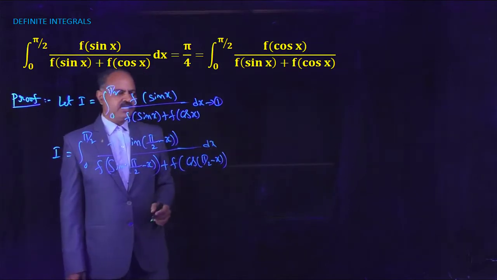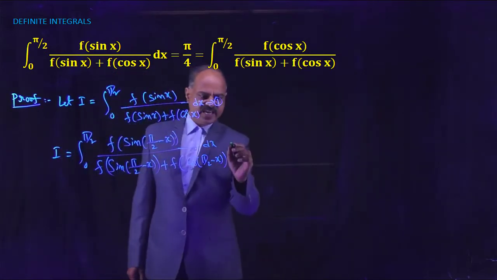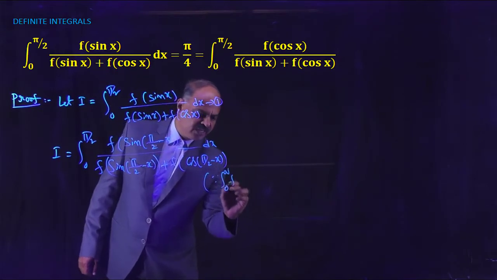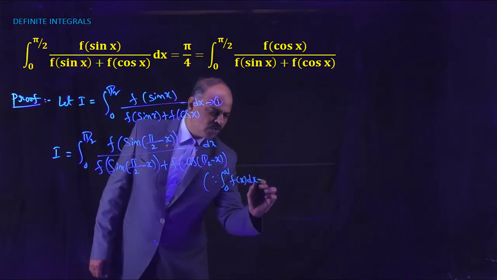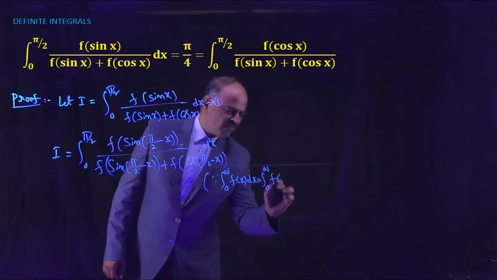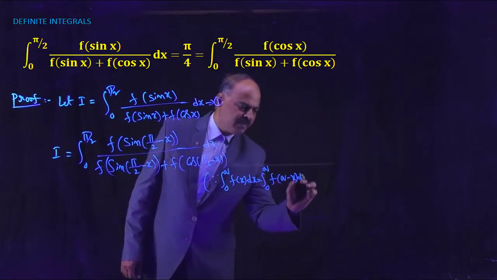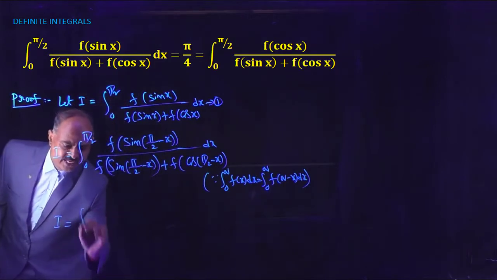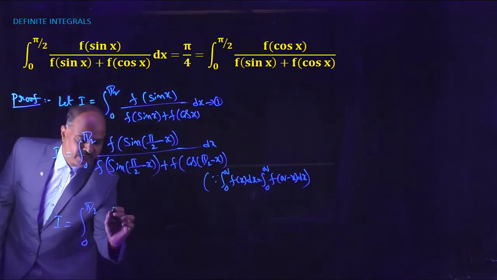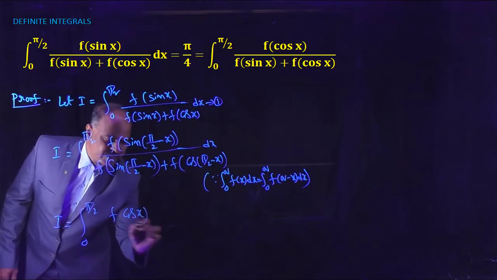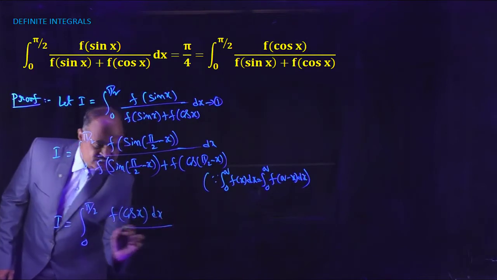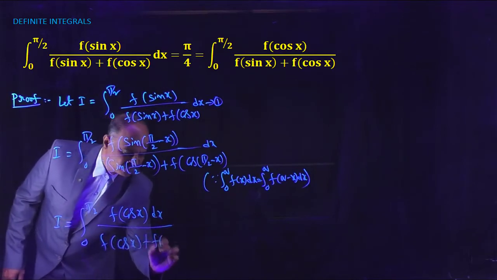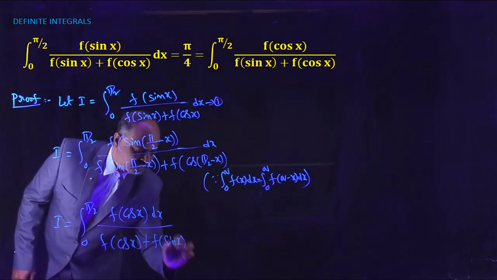Now this is equal to I equal to integral 0 to pi by 2 f of cos x by f of cos x plus f of sin x dx, since cos of pi by 2 minus x is equal to sin x.